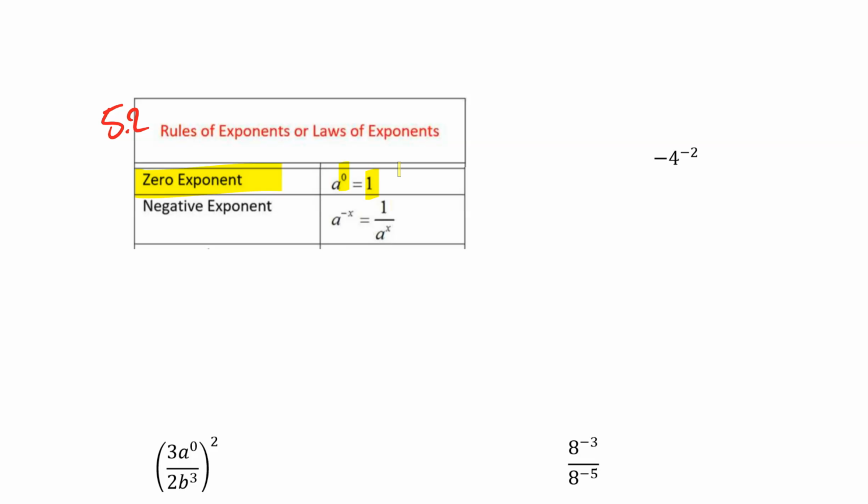Just as a side trivia point, this even works for 0 to the exponent 0, because there is a fair argument out there that 0 to the exponent 0 is 1. But you could also say 0 to any exponent, 0 multiplied by itself however many times, you're still going to end up with 0.